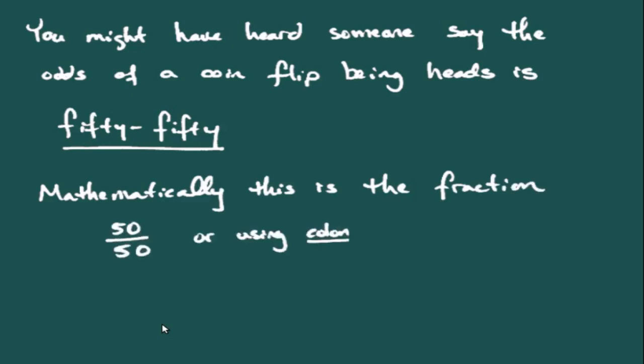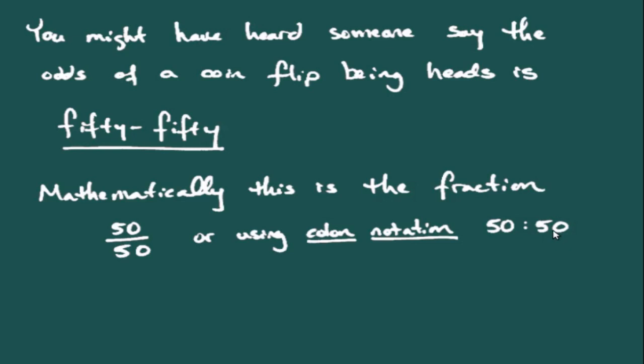Now, sometimes you may see that fraction written using colon notation. Colon notation is when instead of writing the bar between the numbers on top and bottom, we use a colon to separate the first number, the numerator, from the second number, the denominator.